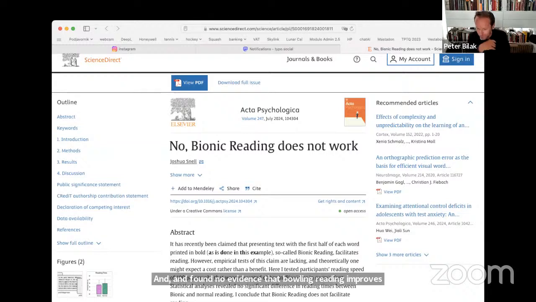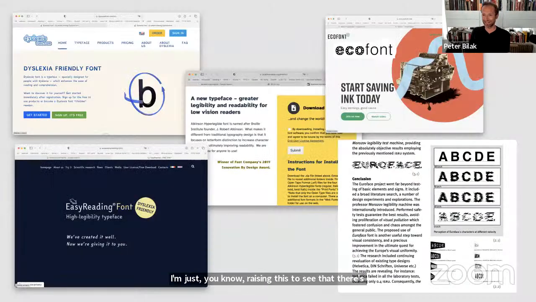I'm not bringing this up to say that we should always be skeptical of science. I'm just raising this to show that there are many projects which come with claims which are mainly marketing, and how we can look through it.